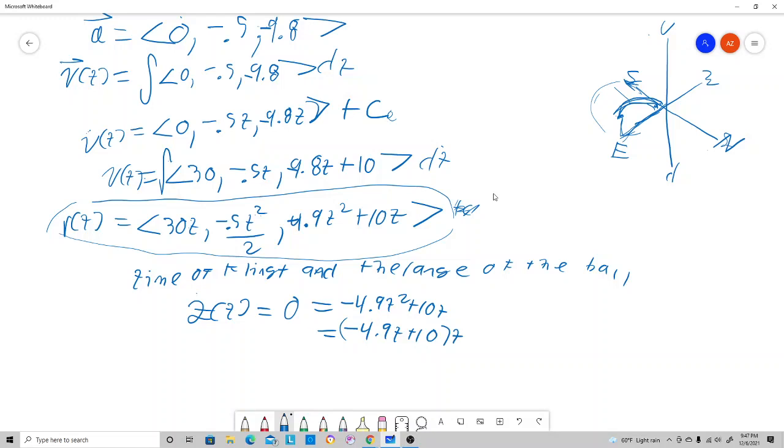So now we solve for the other factor: negative 4.9 t plus 10 is 0, and so we pull out a calculator. 10 divided by 4.9, we get a time of 2.04 seconds. So that's how long it was in the air.